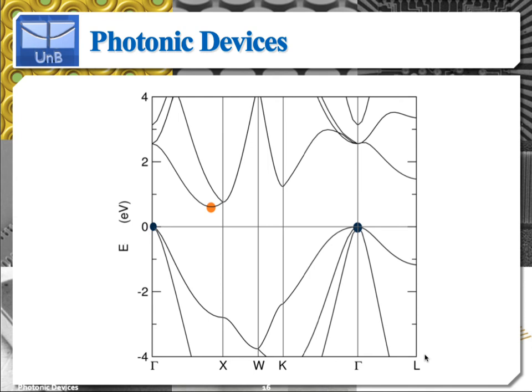So instead of being just a line, it's going to be an actual three-dimensional space of points. And if you want to plot the band structure or the energy values corresponding to different K values, you would need to have a four-dimensional graph, right? Where the fourth dimension would be energy, and the other three dimensions would be the three directions that you can have associated with the K vector.